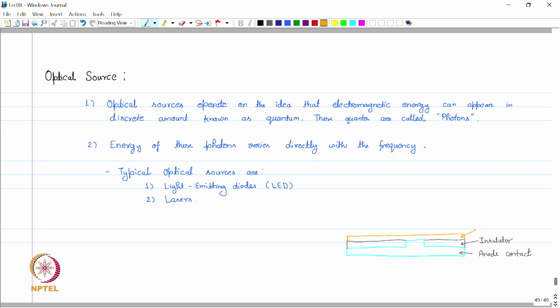So, we can say this is a p type gallium arsenide layer. On top of this layer we have, let us say, an n type AlGaAs layer.